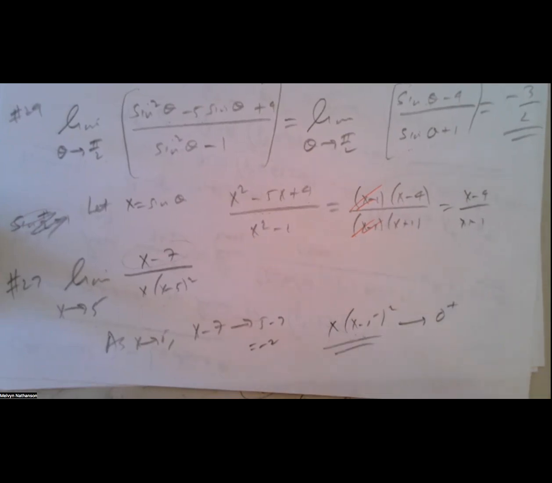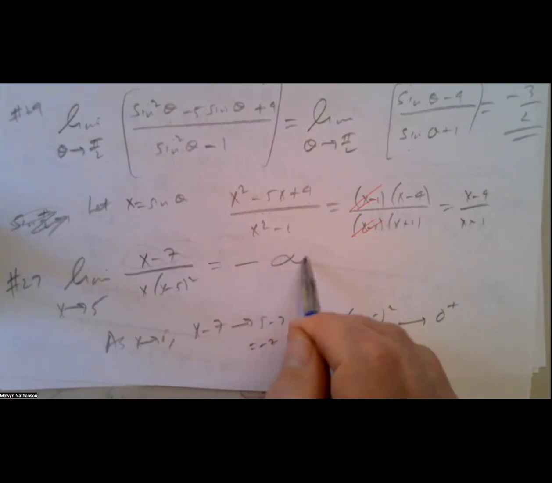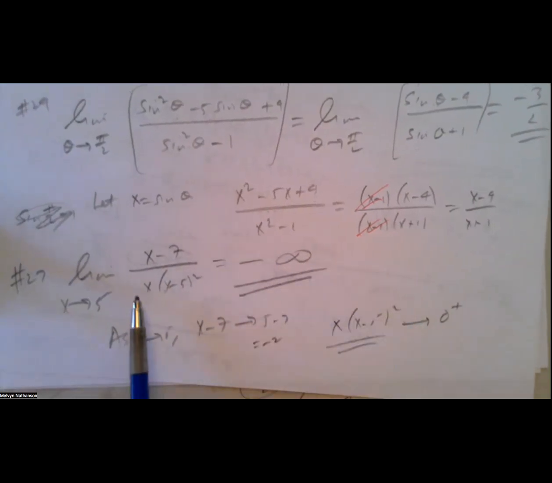If x is close to 5, this is always positive. So the numerator is approaching -2, and the denominator is going to 0 through positive numbers. That means this is going to minus infinity. So this limit is -infinity because the bottom is always positive, approaching 0, and the numerator is negative.